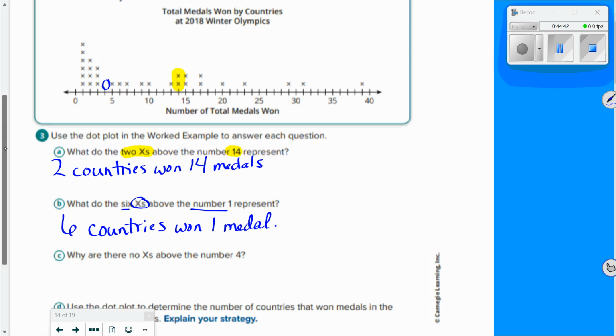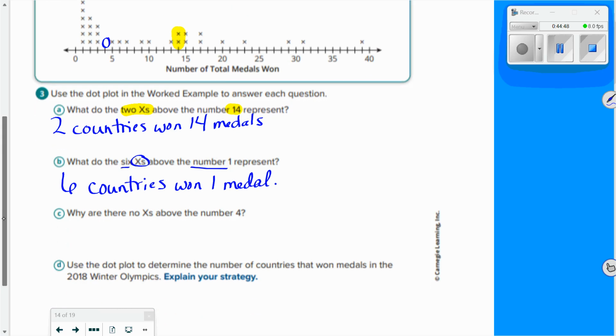Reverse that. 0 countries won 4 medals. So, no countries won 4 medals. So there's no data points there. So if there's no data points, I don't put an X there.